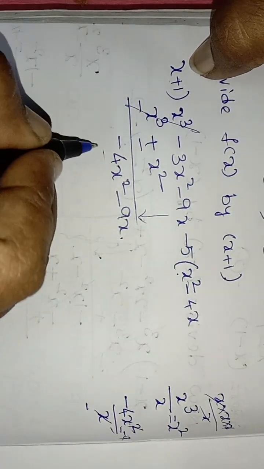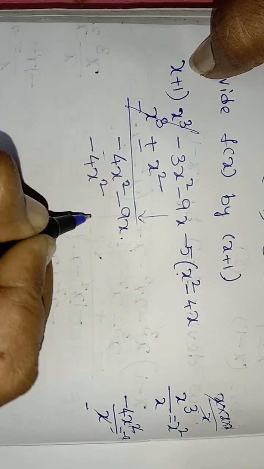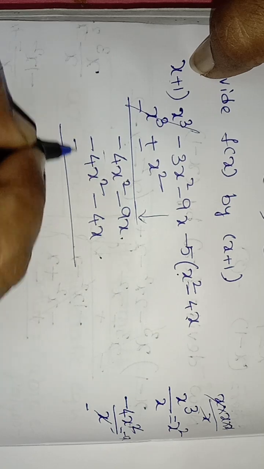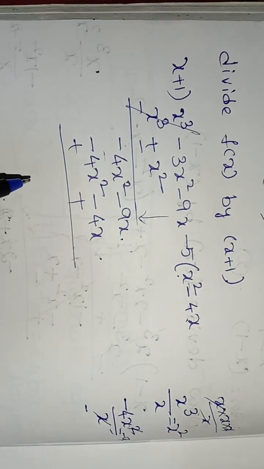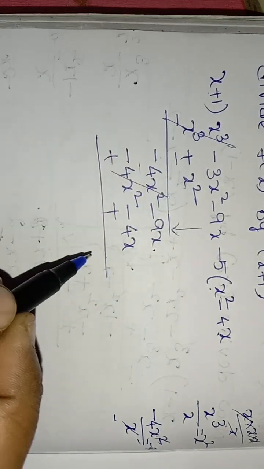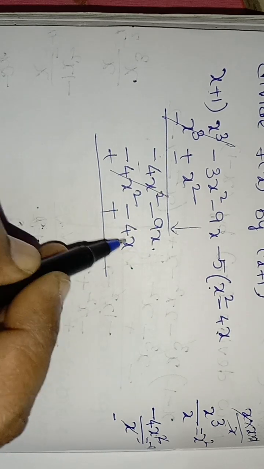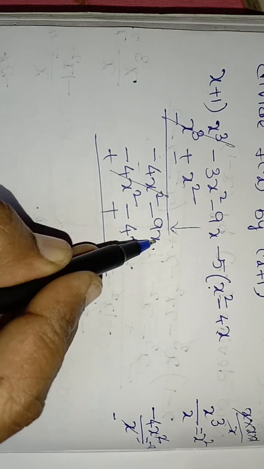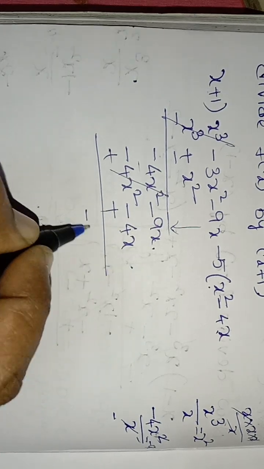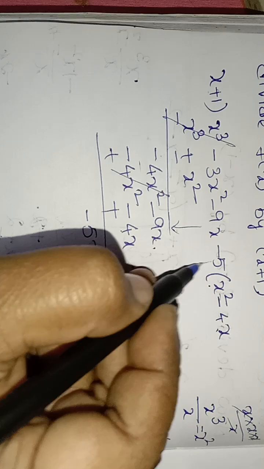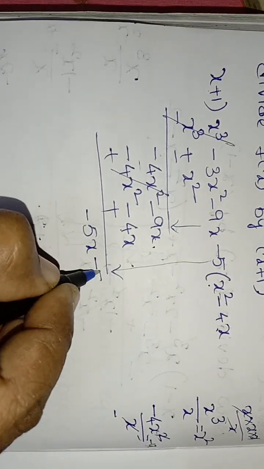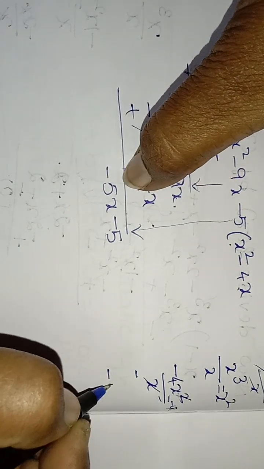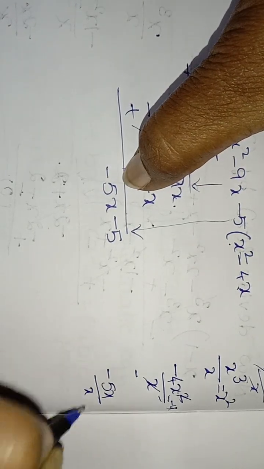Minus 4x into x is minus 4x square, minus 4x into 1 is minus 4x. Change your sign. These will get cancelled. Minus 9x plus 4x means minus 5x. I am writing this here, minus 5. So minus 5x.